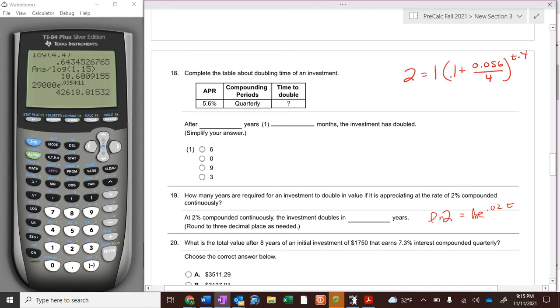Okay? So do the math inside here: 1 plus 0.056 divided by 4 equals 1.014. So it's 2 equals 1.014 to the 4t power, and then you're going to log both sides.